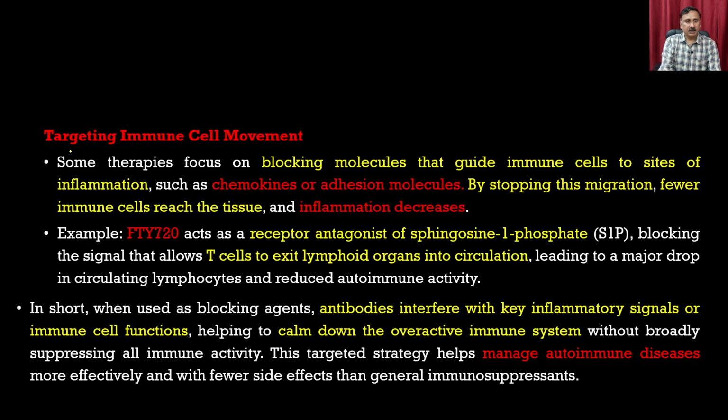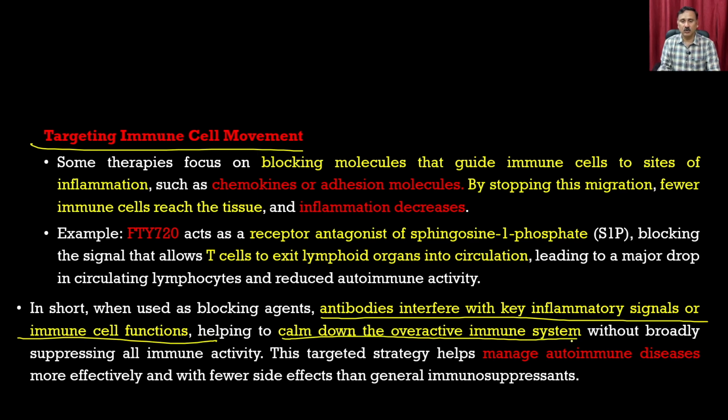You can use this for targeting immune cell movements, or you can use blocking antibodies to interfere with key inflammatory signals or immune cell functions, helping to calm down the overactive immune system. And that's how you can manage autoimmune diseases.